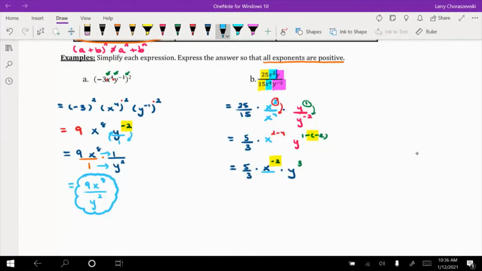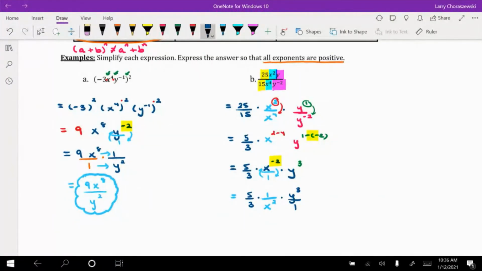So let's write this as being on top of 1, and we can go ahead and switch the locations of these with each other. So that's going to be 1 over x to the positive 2 now, and then 5/3 in front of that, and then I'm going to write y cubed as y cubed over 1.